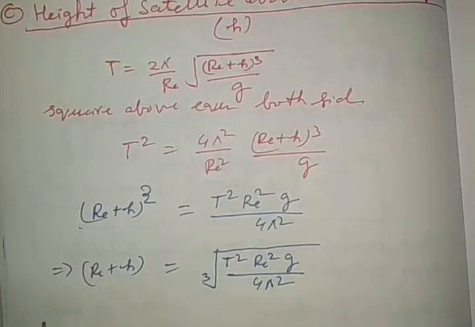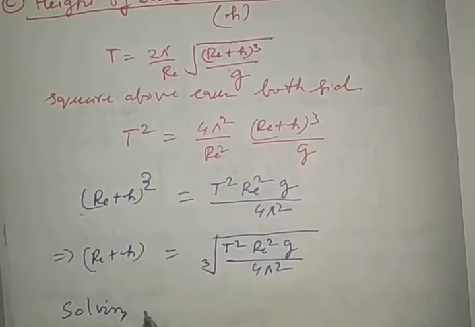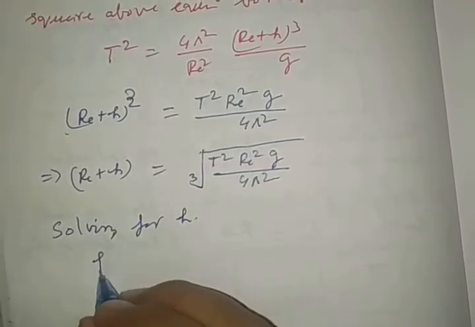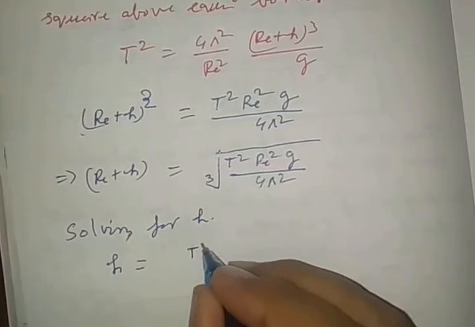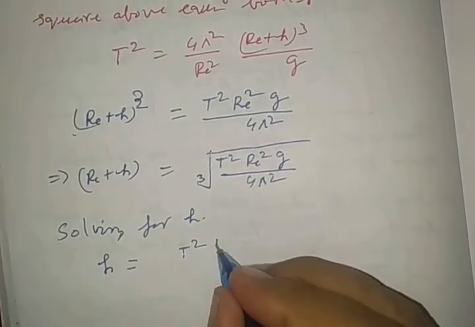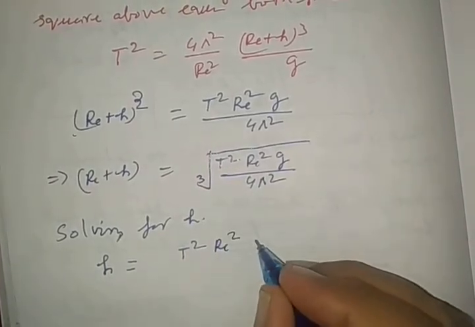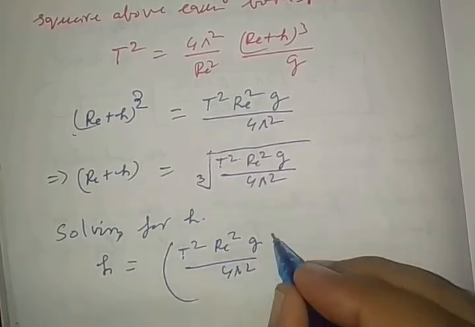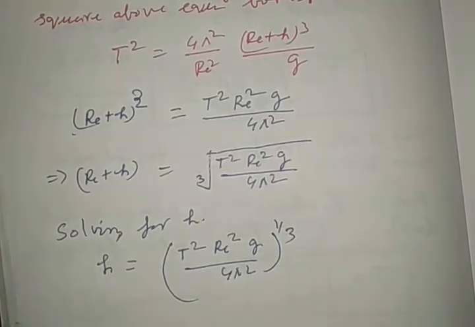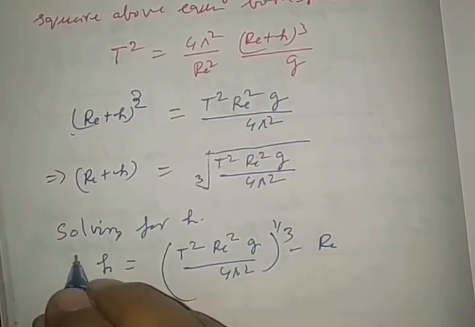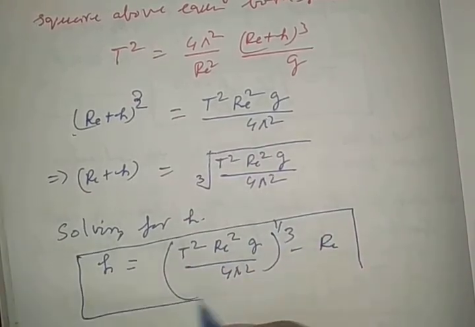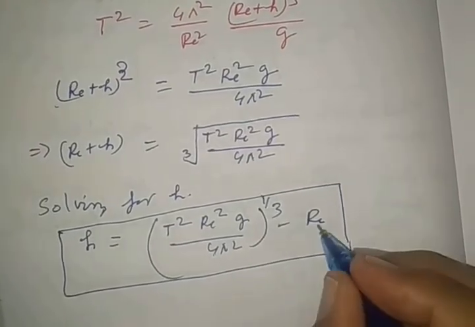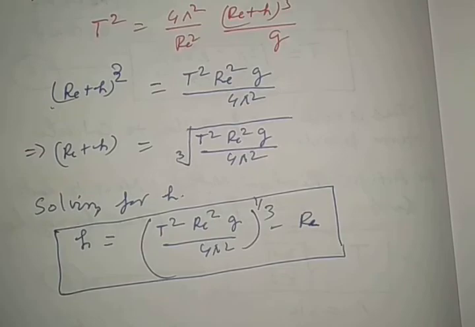Or, solving for h here, the above equation can be written as h is equal to (T square Re square g by 4 pi square) to the power 1 by 3 minus Re. This is the required formula to calculate the height of a satellite from the surface of Earth.